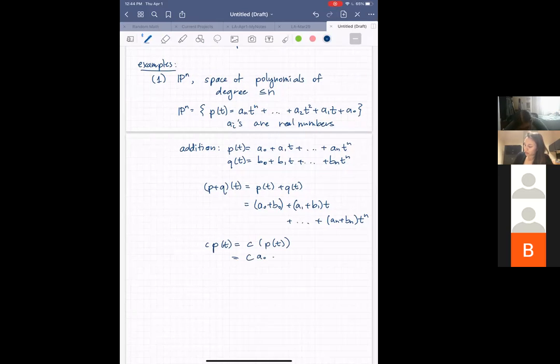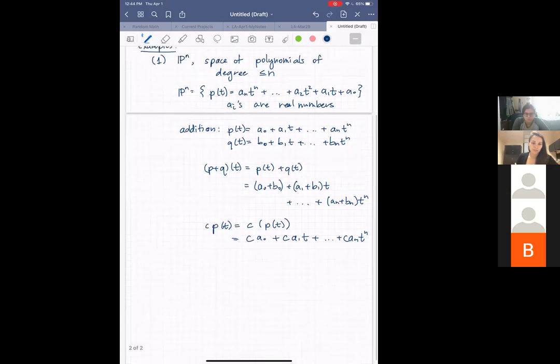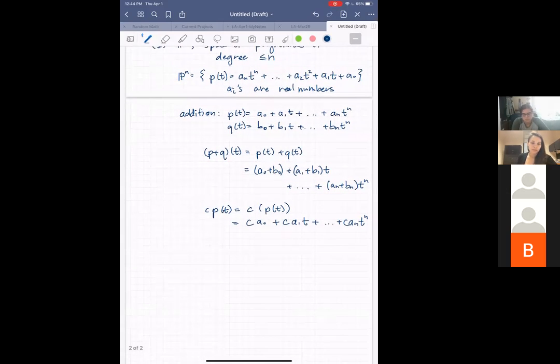So you get c times a_0 plus c times a_1 t, up to c times a_n t to the n. Great. So this is scalar multiplication, and this is our example.